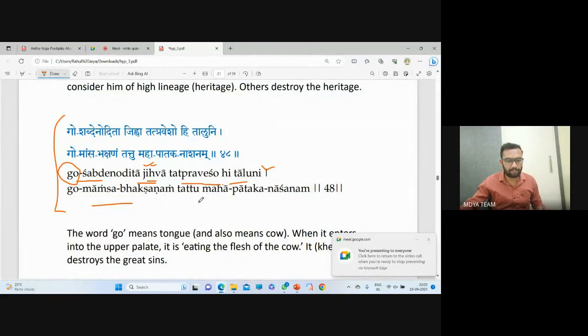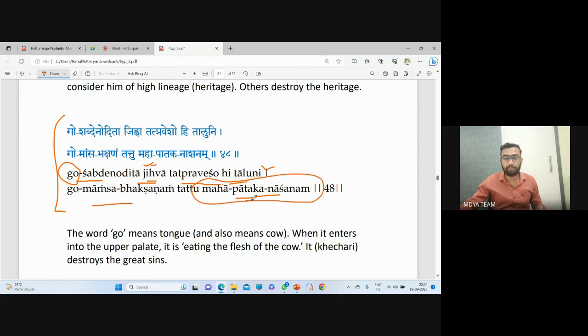And tat Mahapatak Nasanam. Mahapatak Nasanam means it will destroy all kinds of pap karma, bad karma, the effect of the bad karma.